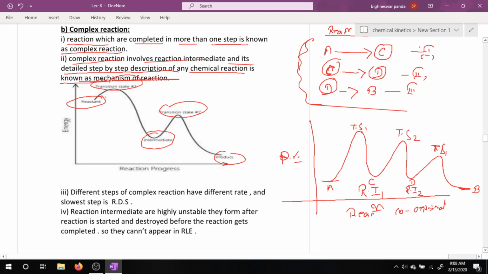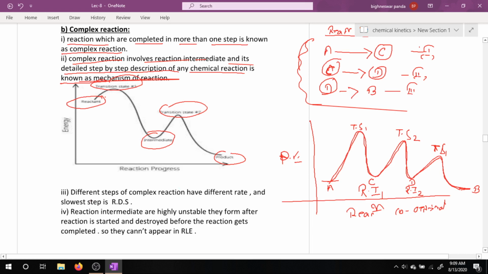From this to this is the first reaction A to C, from C to D another reaction, D to B another reaction, where three transition states are formed, and in the reaction A to B we have two reaction intermediates, that is C and D. So this is one step of the complex reaction, this is another step, and this is another step of the complex reaction.